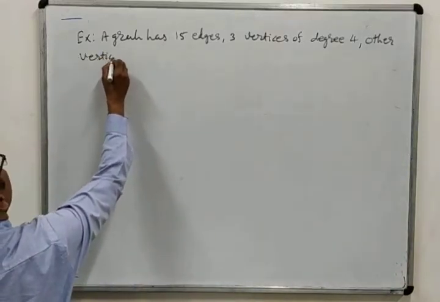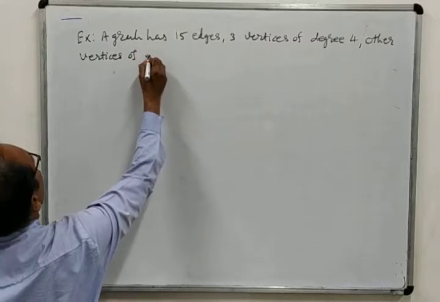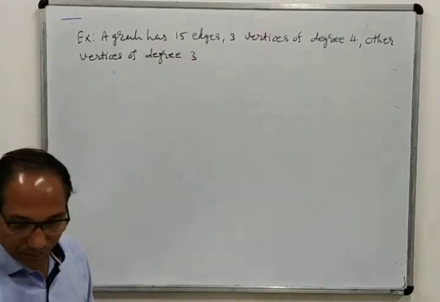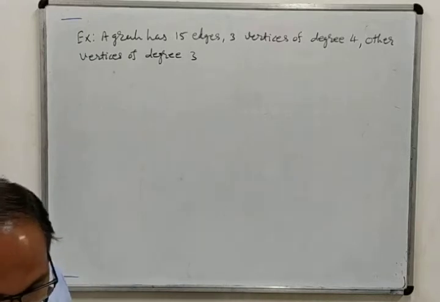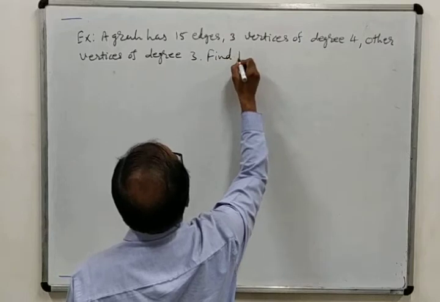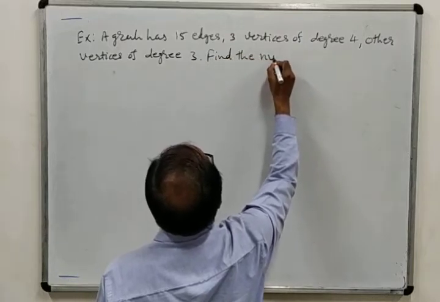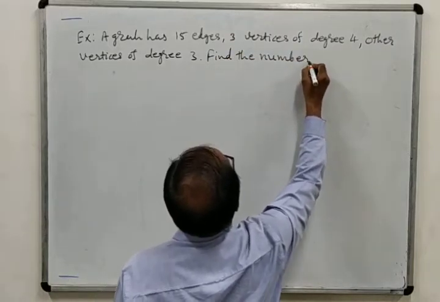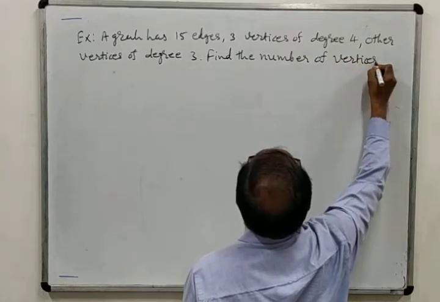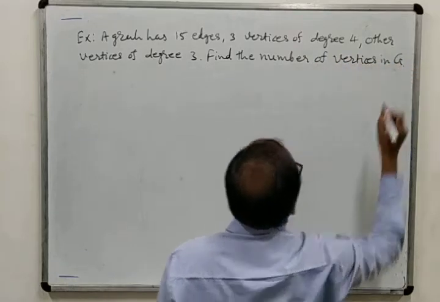Find the number of vertices in the graph G. Okay.